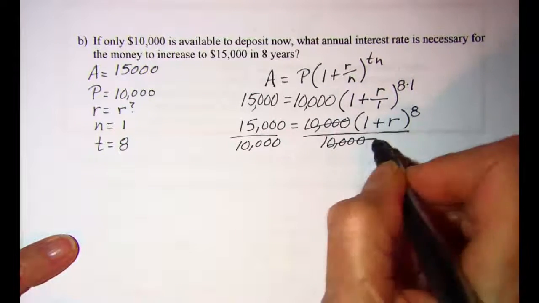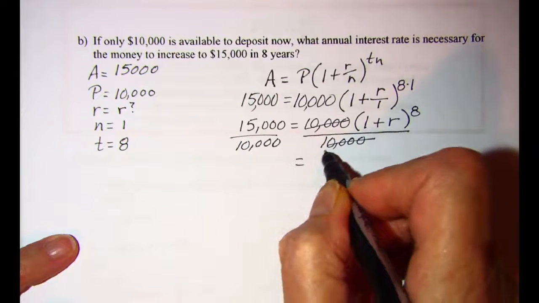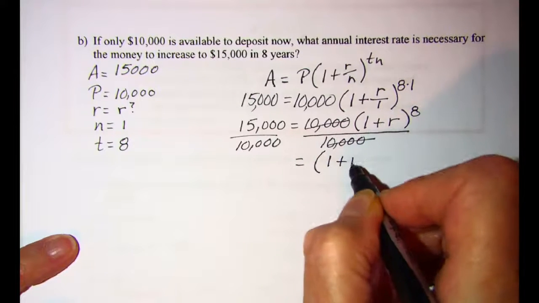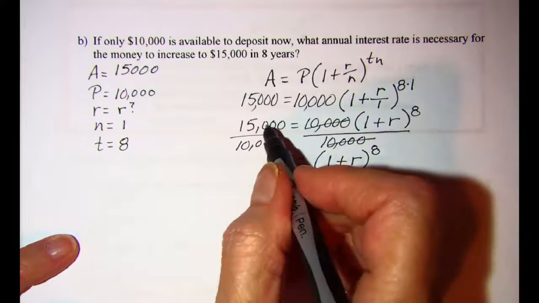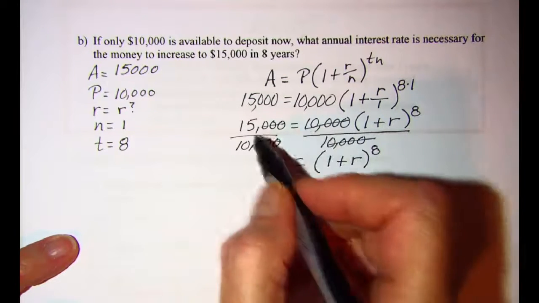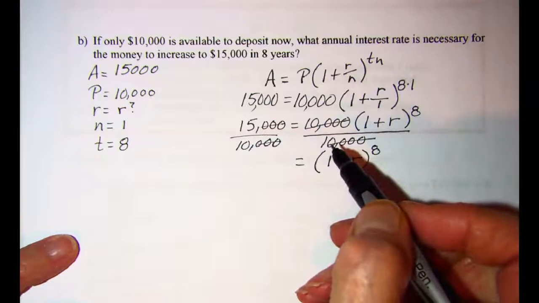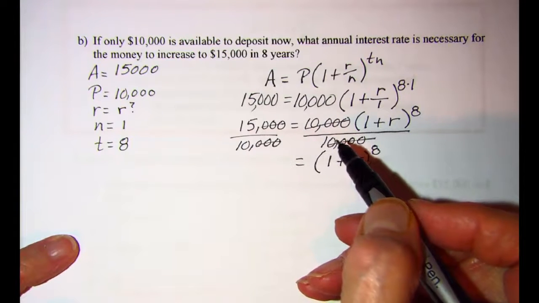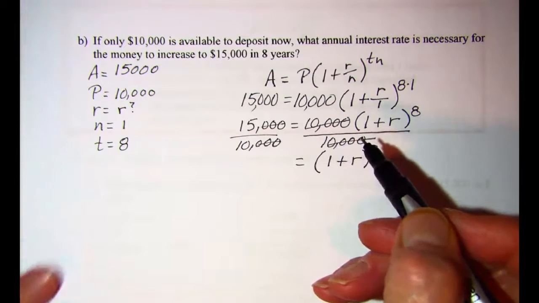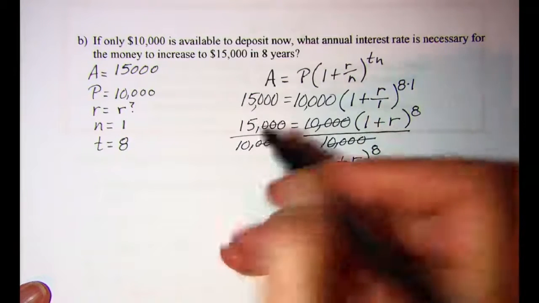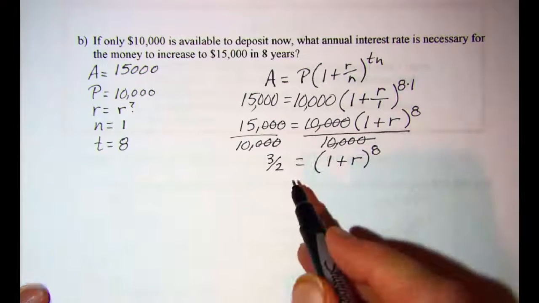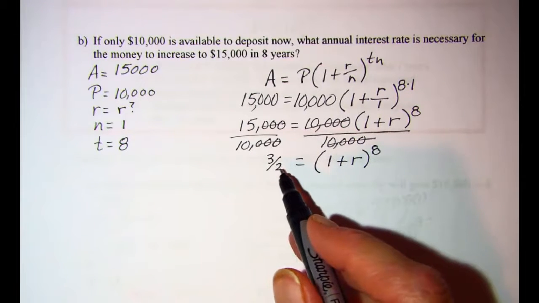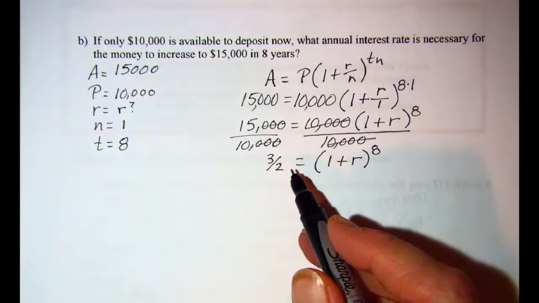These will cancel, and I'll have 1 plus r raised to the 8th power. And then on this side, I have 15 over 10, which is 3 over 2. Or if you prefer, this is a nice decimal, 1.5 is fine.